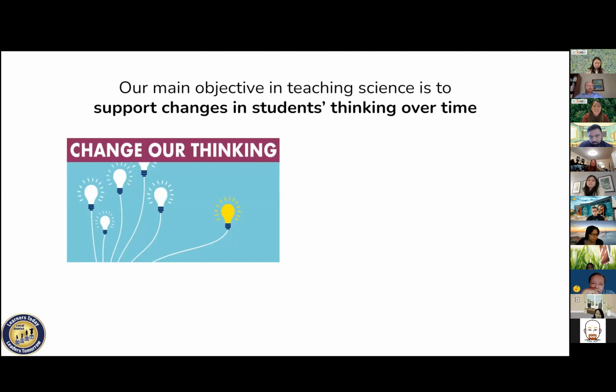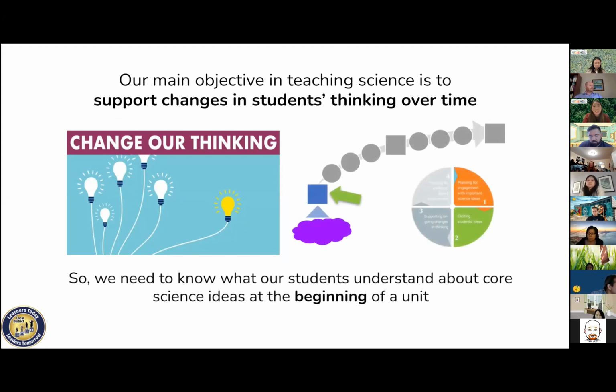So you'll see that anchoring phenomenon with the planning that we do for how our students are going to engage in that science idea, and then how we're going to elicit, it should change. And by the end, when they get to that final causal gapless explanation, it's going to have the layers of all that evidence that we've collected over time. So we want our students to know that yes, it's okay to be incorrect or just have a partial understanding, because over time we're going to build on that.